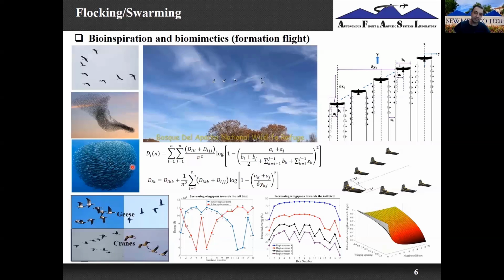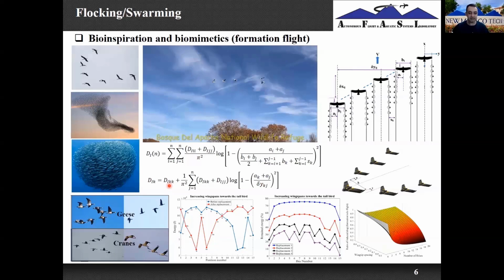This is a multi-agent system of organisms taking advantage of this type of behavior to escape from a predator or to distract the predator. These are called flocking, swarming, and schooling, and we also have it in some land animals like the wolf, which is called a herd. So these are multi-agent systems.